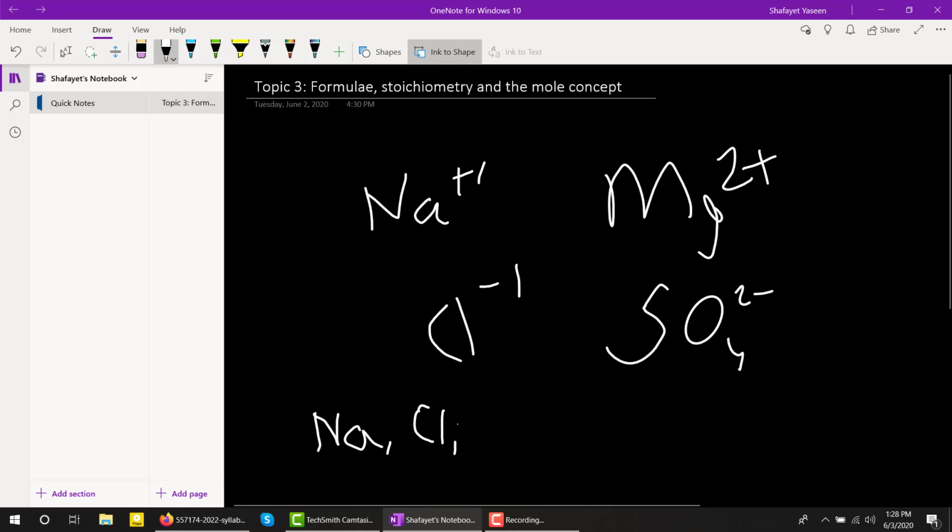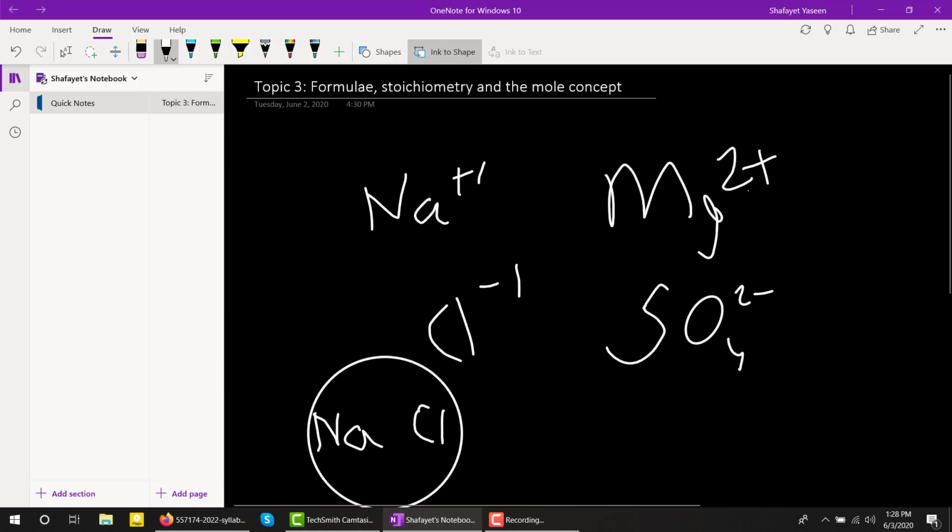So this is the formula of the compound which is formed by Na+ and Cl-. But since, as I said before, we don't really include the ones, we'll just eliminate the ones. So this is the formula of the compound we'll be having, NaCl, and the nomenclature is sodium chloride, right?